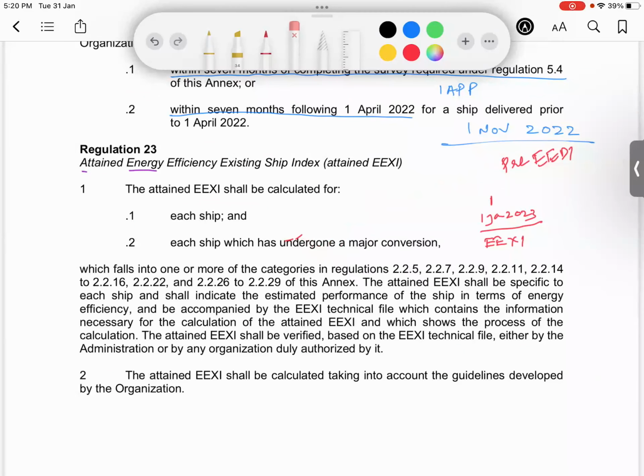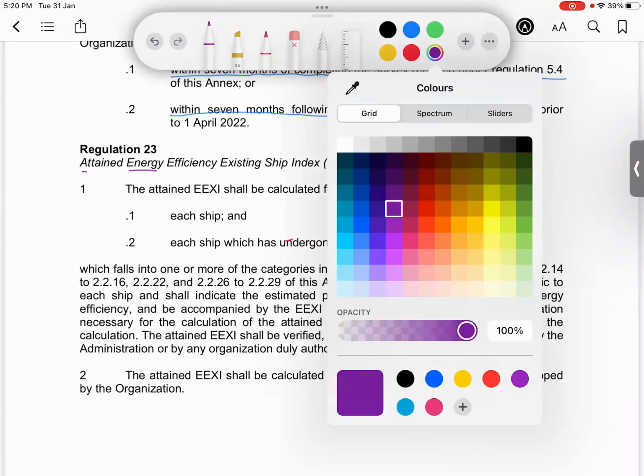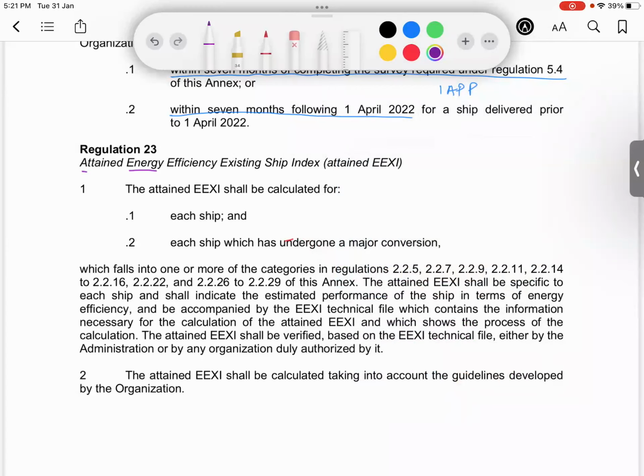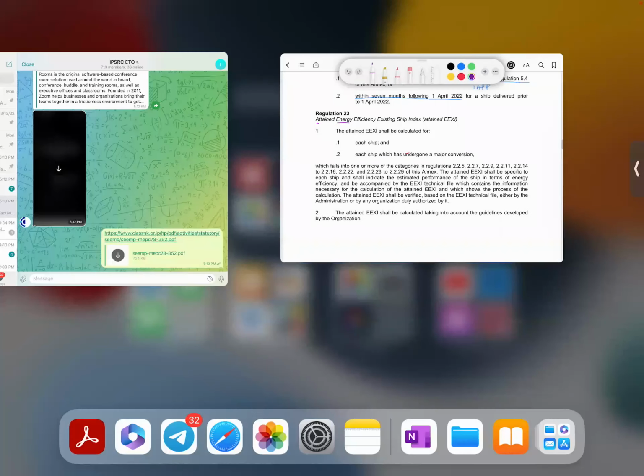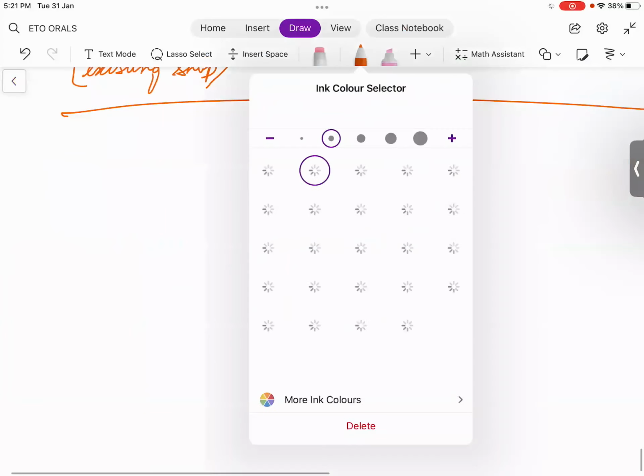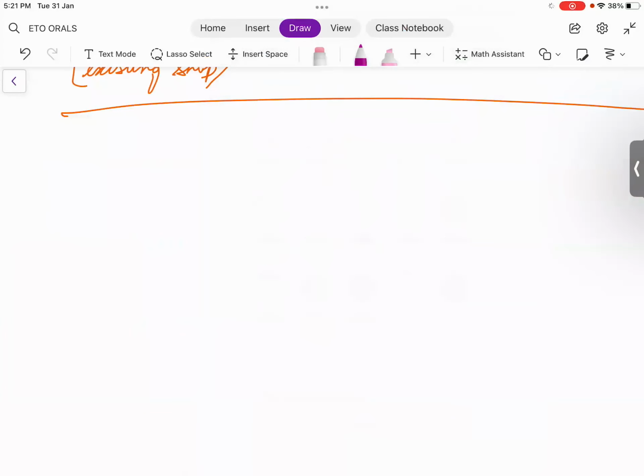First of all, why EEXI was needed? क्यों चाहिए आपको EEXI? अभी आ रहा है ना? I told you, right, the example why it is needed, or not yet? Why EEXI is needed? Basically, the vessels which were built before. Okay.